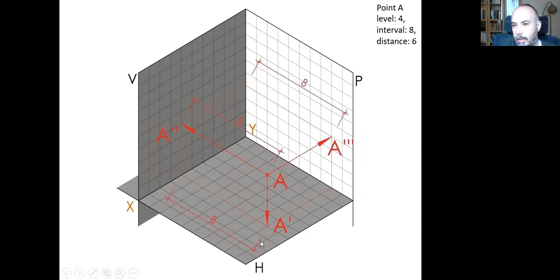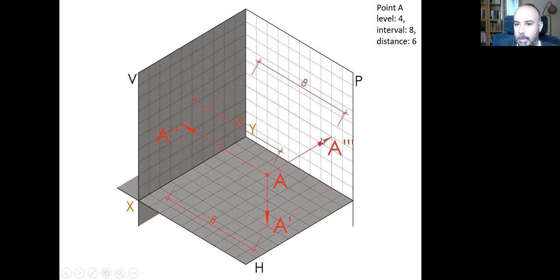It is the same with the other lengths. This 8 square perpendicular length between the point A and A double prime is equal to the distance between A prime and the XY line. It's also 8 squares.